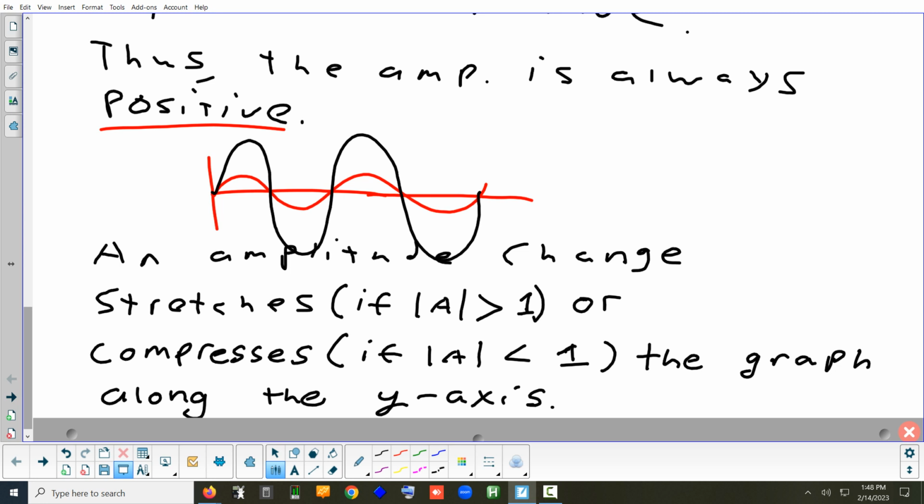The volume. Right. So the volume can also change. In this case, that's a volume change.